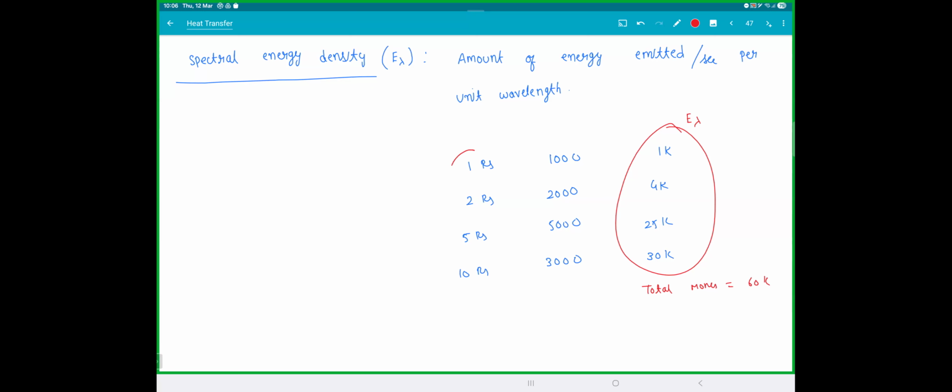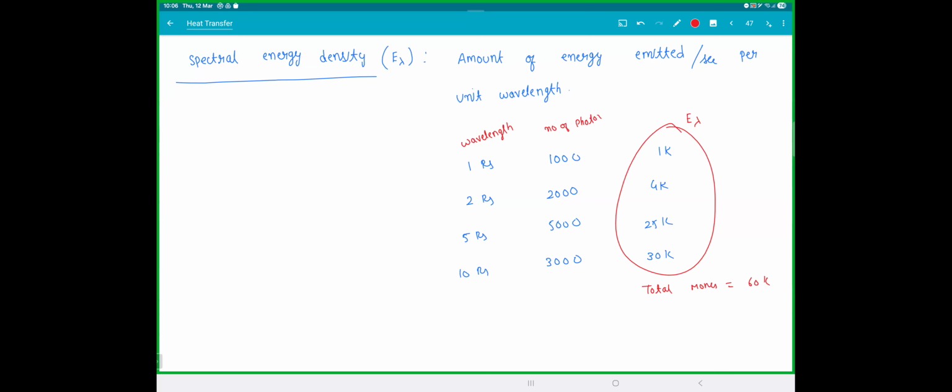The denominations, 1 rupee, 2 rupee, 5 rupee, are like wavelengths. So different wavelengths are like different denominations. The number of coins is like the number of photons. This money is like E lambda, how much each denomination is contributing. If I ask how much money the 5 rupee coins are contributing, 25,000. How much are the 1 rupee coins contributing? 1,000.